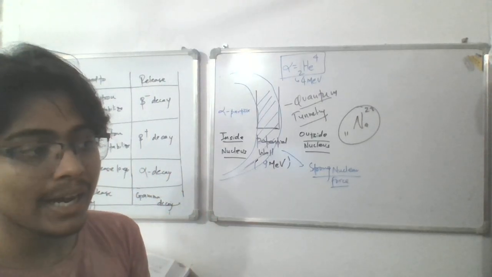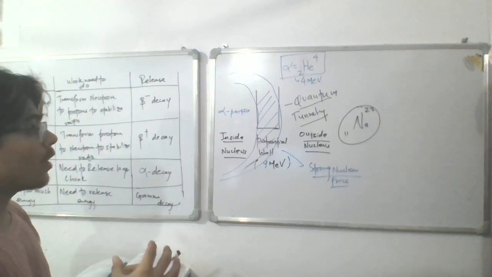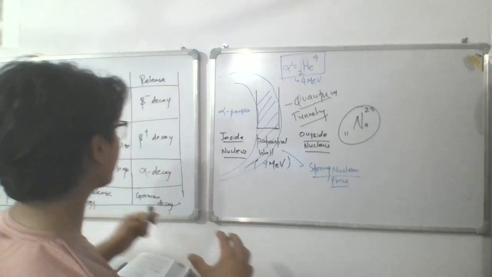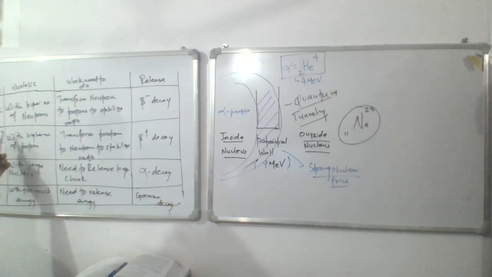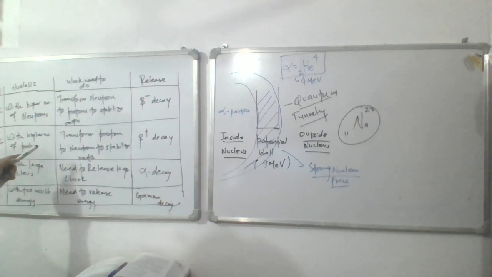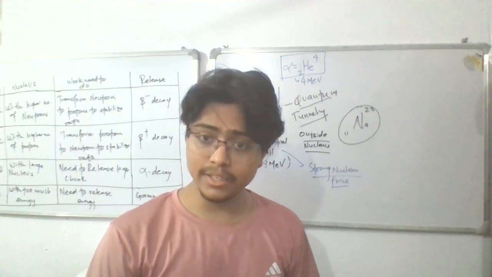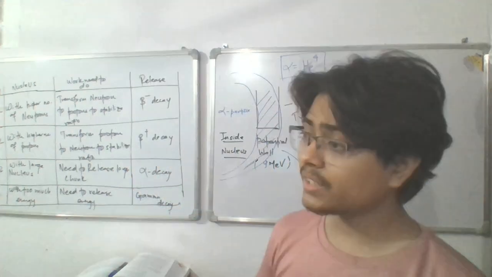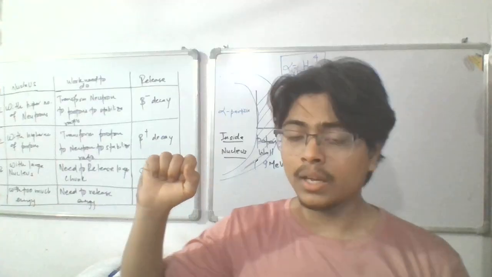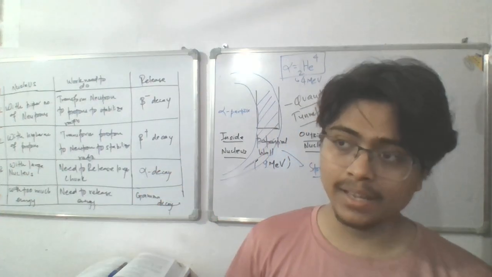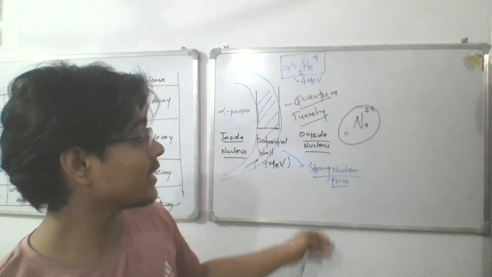Actually, beta particles are produced instantaneously when there is a higher number of either neutrons or protons. When I say instantaneously, these beta particles are governed by the weak nuclear force, the weak electromagnetic force, rather than the strong nuclear force.